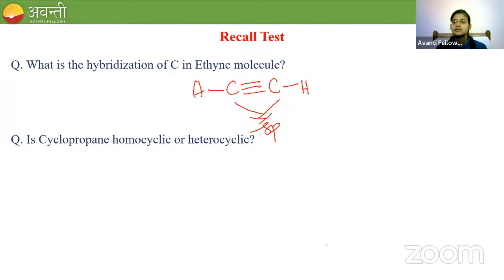What is your answer? Homocyclic? Very good. Cyclopropane is made up of 3 carbons, so the ring is formed by the same atom, which is carbon. So it is homocyclic in nature. Correct. Very good. So let's go ahead with today's topics.